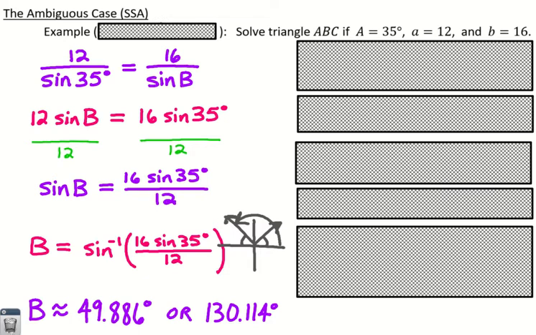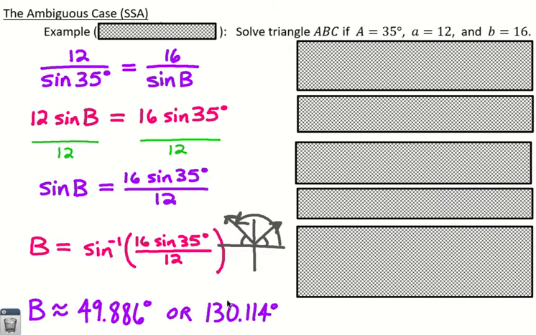Okay? Now, obviously, this angle is possible, considering that our first angle, our angle A, is locked in at 35 degrees, then yeah, this quadrant 1 angle could totally be our angle B. But guess what?